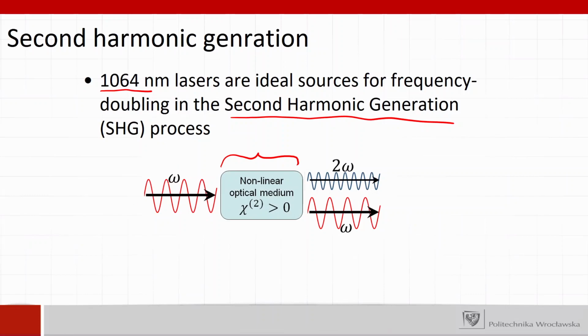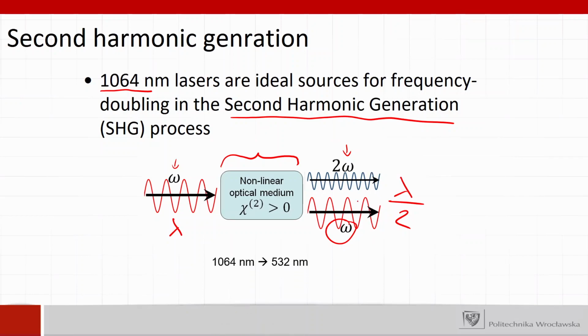So if we shine on this nonlinear medium a wave at the frequency of omega, at the output we will get a frequency of 2 omega, so doubled the frequency. And of course, some residual omega, which was not converted, because we don't have 100% conversion efficiency. So it means that if this is lambda, I will have half of the lambda at the output.